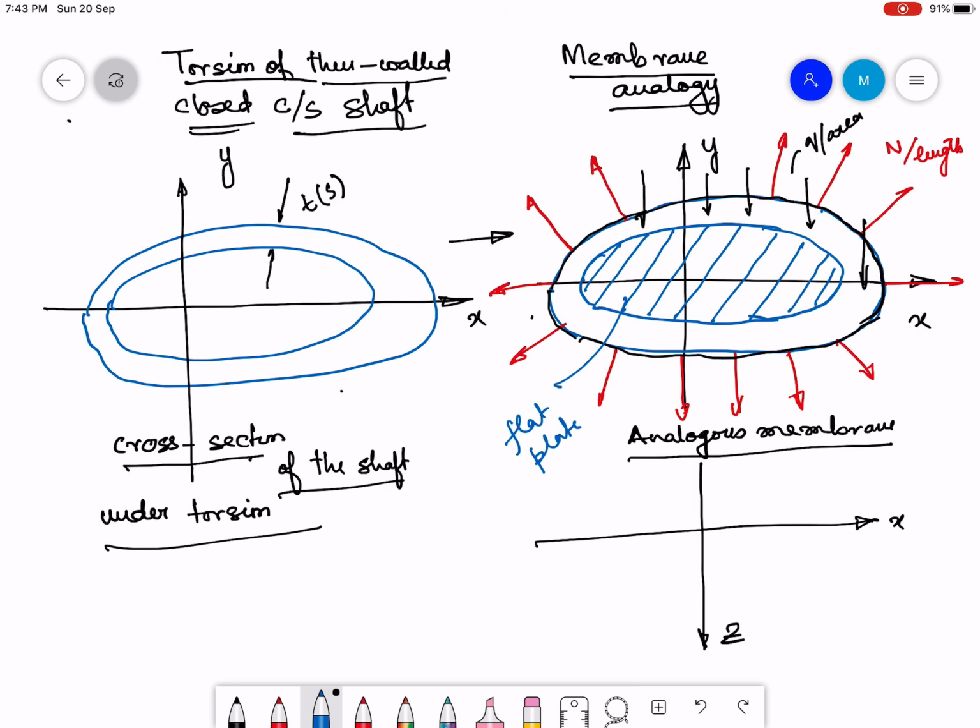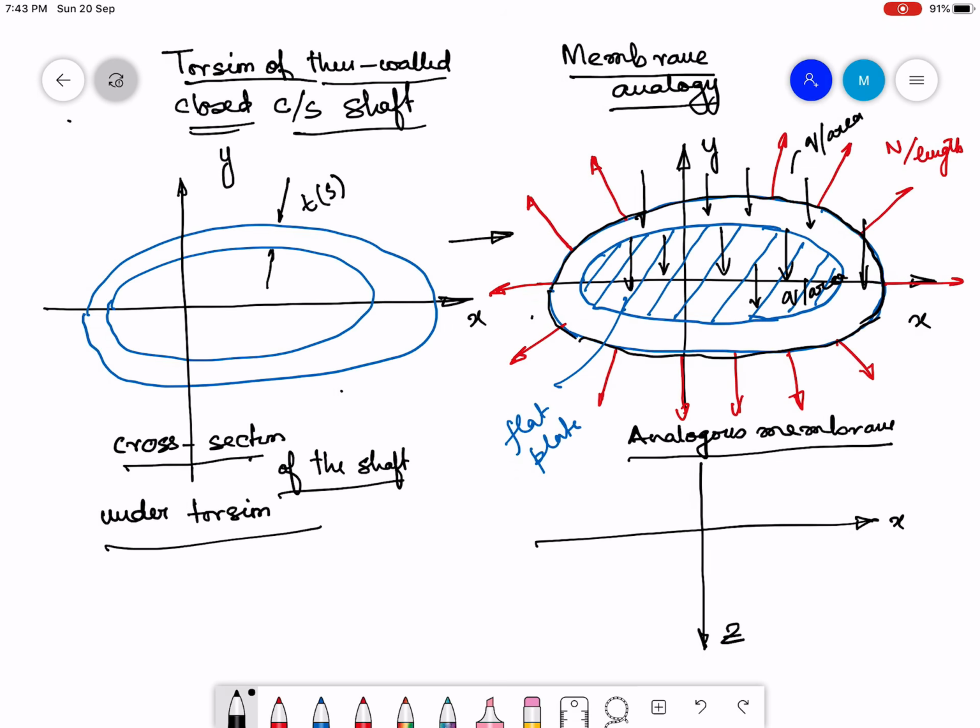Let me reiterate, the new thing that gets added when we use membrane analogy for understanding the torsion of thin wall closed cross-section shaft is that the hollow portion of the shaft is replaced by a flat plate in the analogous membrane, the one shown by the shaded portion, and the pressure Q is also acting on the flat plate. So the same pressure Q per unit area is acting on the flat plate.